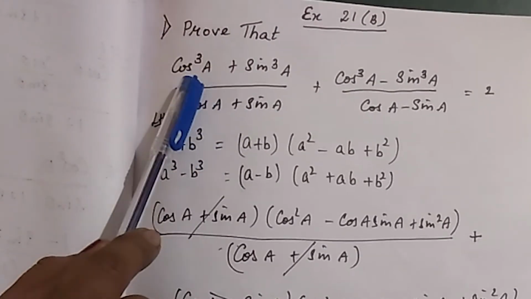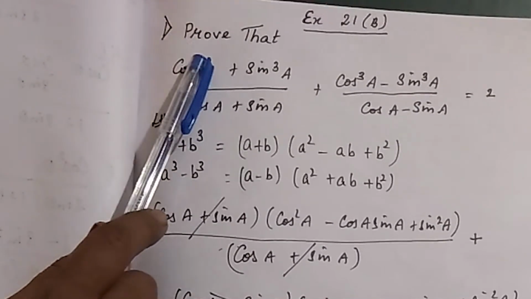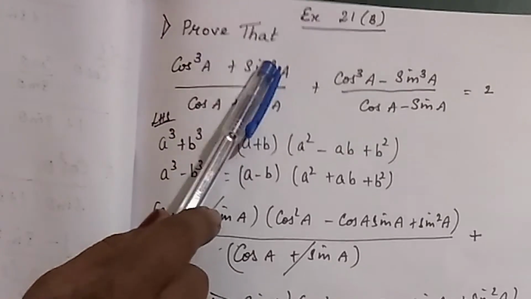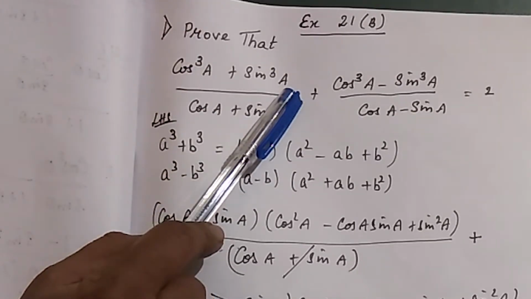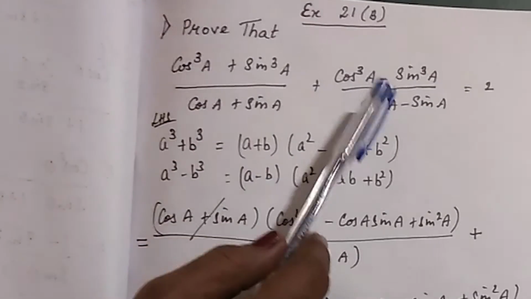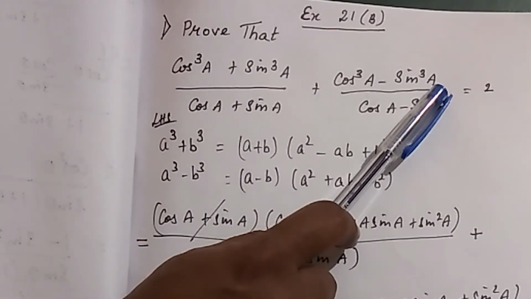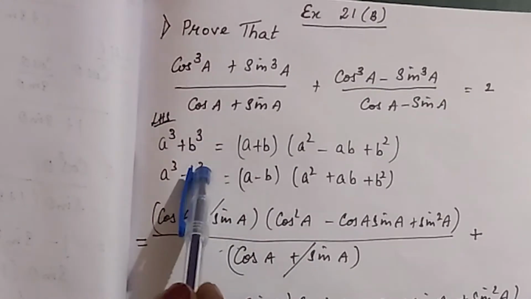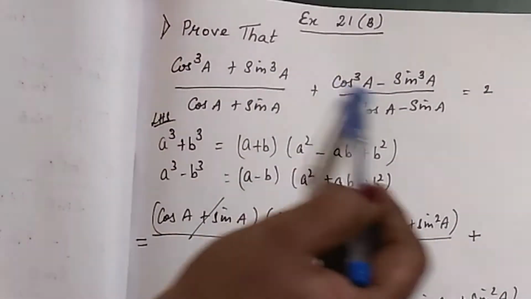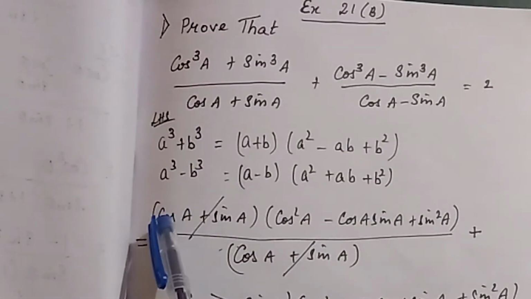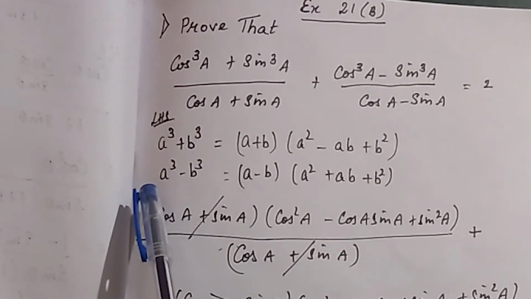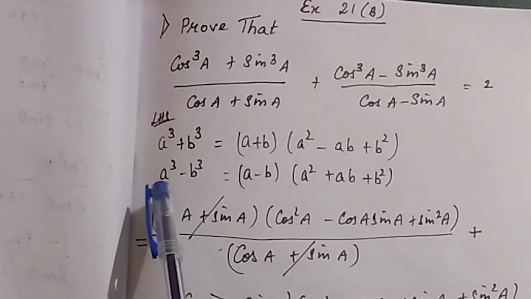So, here what is given? cos³A + sin³A and cos³A − sin³A. It is forming the identities a³ + b³ and a³ − b³.